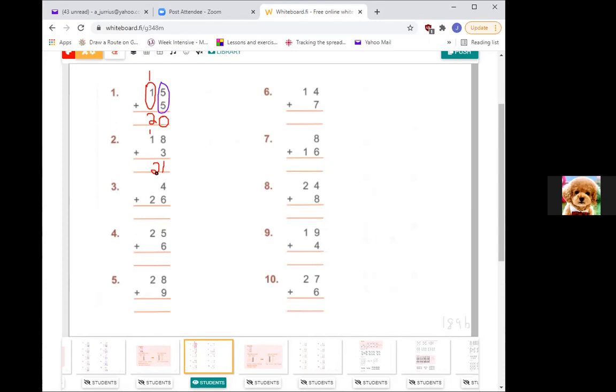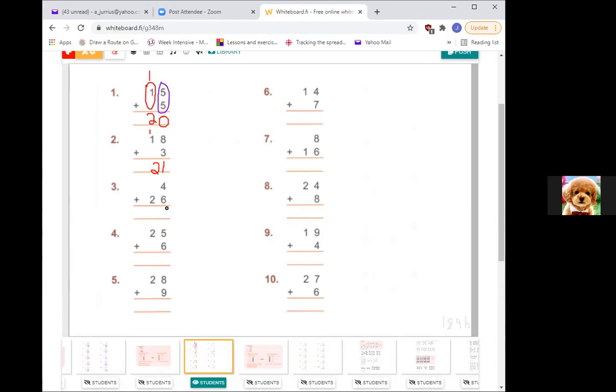Evan, can you do number 3 with me? You're still on mute, Evan. There you are. Okay, so what's in the ones column, Evan, on number 3? 4 and 6 are in the ones column.